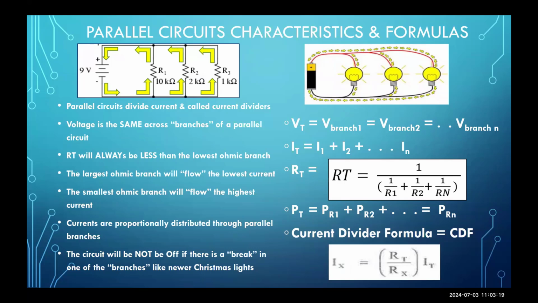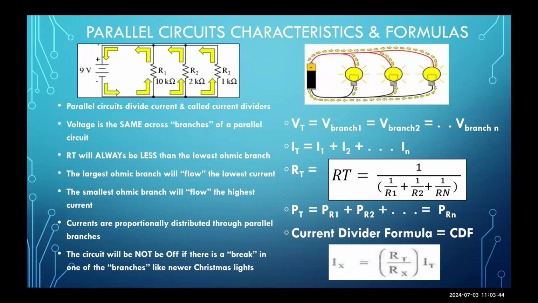Okay. We have some formulas, basic formulas, really simple. VT is equal to the voltage across branch 1, is equal to the voltage across branch 2, and however many branches you have. If you have 15 branches, then the voltage total is equal to the voltage of each branch. You'll see this mathematically as well as on your circuit boards in a moment.